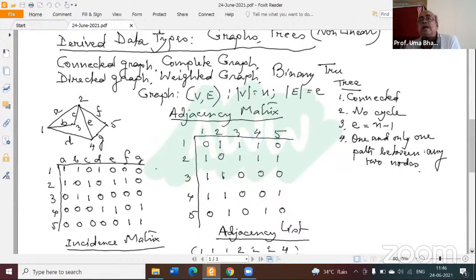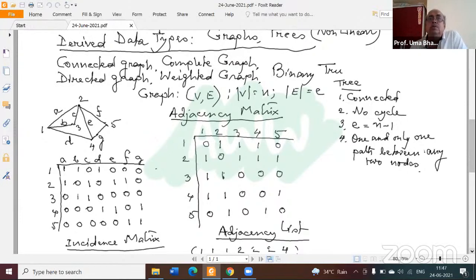And what is the maximum size of e? I have not defined this already. Connected graph means all the nodes are connected. You can go to any node from any other node. Complete graph means all the nodes are directly connected by an edge between the two. So if we have n nodes, we can have n into n minus 1 by 2, nC2, number of edges at the most.